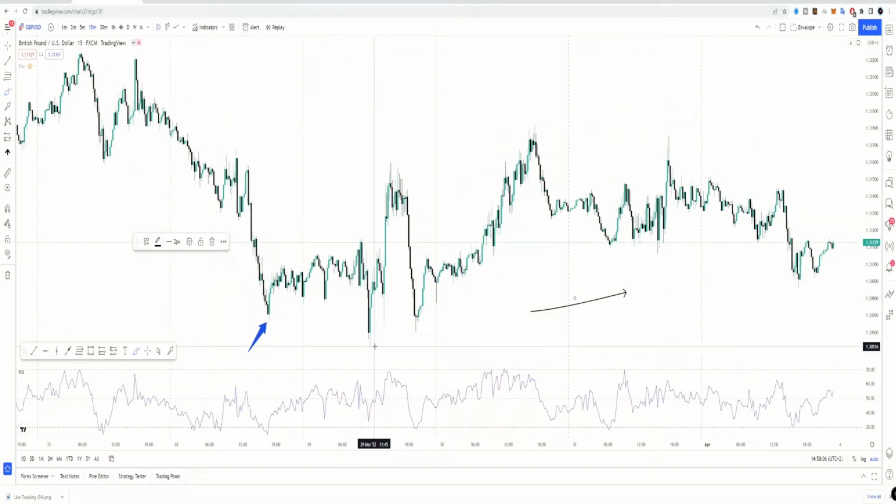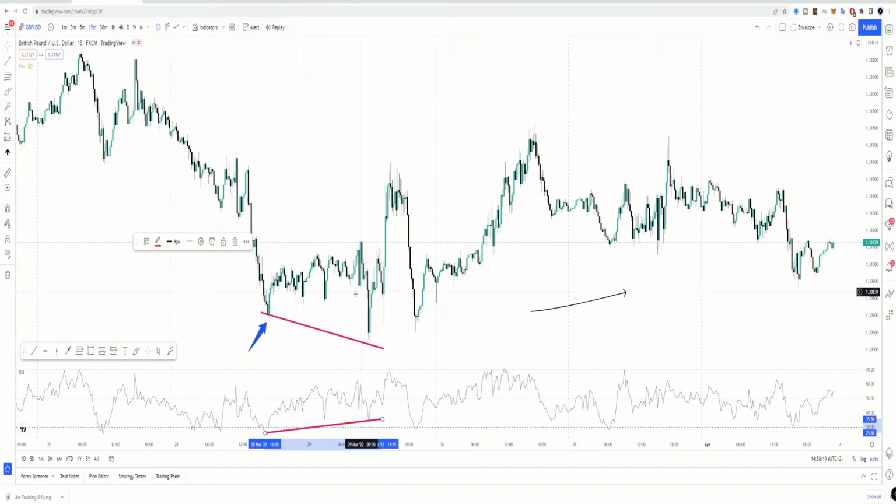Prices come down. So you could argue that this here is a divergence from that low to this one, and then what we have here is that to that area there. But as I said, I didn't take this trade because I'm not bullish cable versus the dollar.